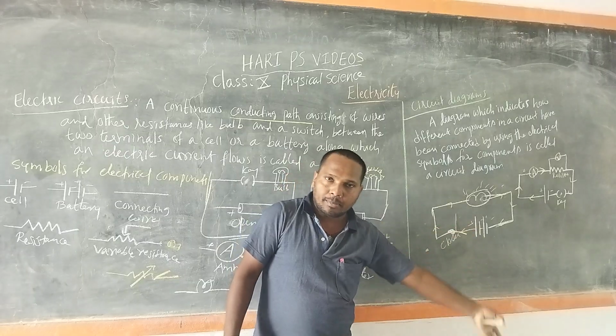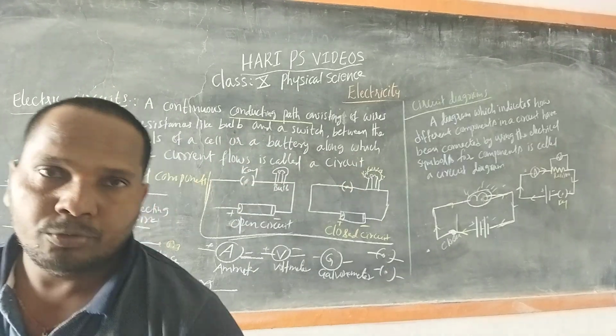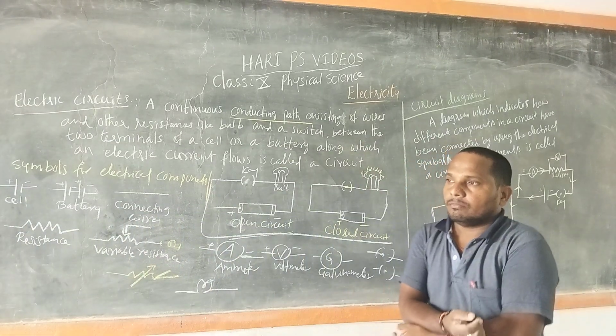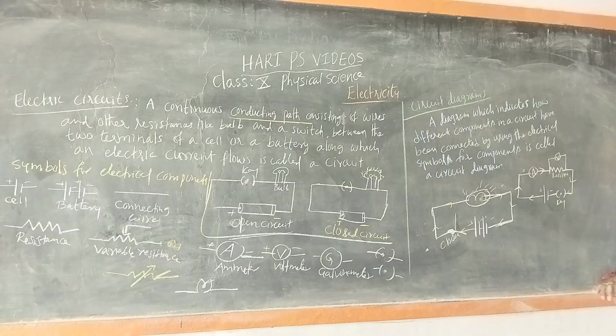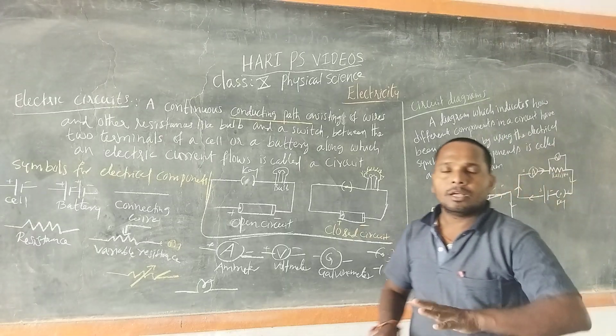So with the help of the symbols of various electric components, whenever we represent how these electrical components are connected in a circuit, the diagram is called a circuit diagram.